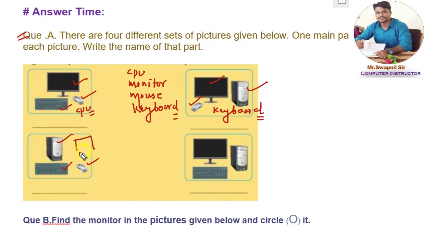What is missing here? Monitor. Now last picture. See, here present monitor, CPU, keyboard, but our last little device is not present, that is mouse. Right, mouse is not present here.